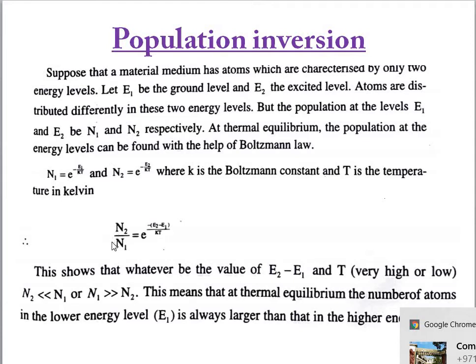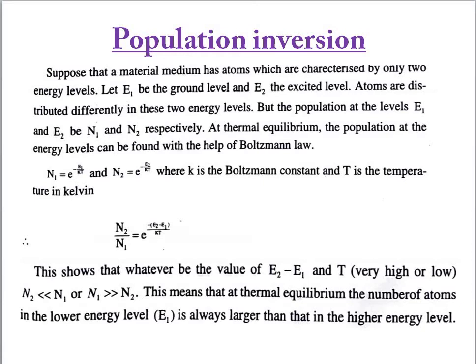So we know that N2 by N1, the population of the excited state by the population of the ground state, when we do this calculation, we will get N2 by N1 is equal to e raised to minus bracket E2 minus E1 divided by kT. So what will be the value of N2 by N1?